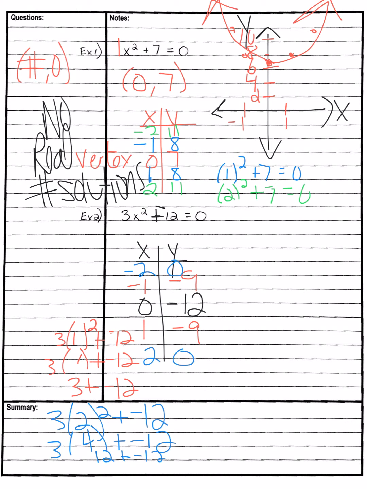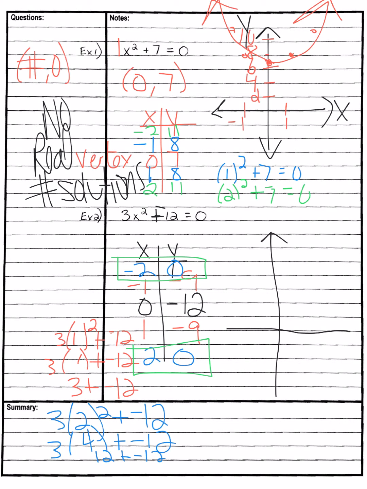When we find the 0 for the y, what does that tell us? Those are my roots. You have solved this. That is where they're going to cross the x-axis. Now let's visualize this graph.